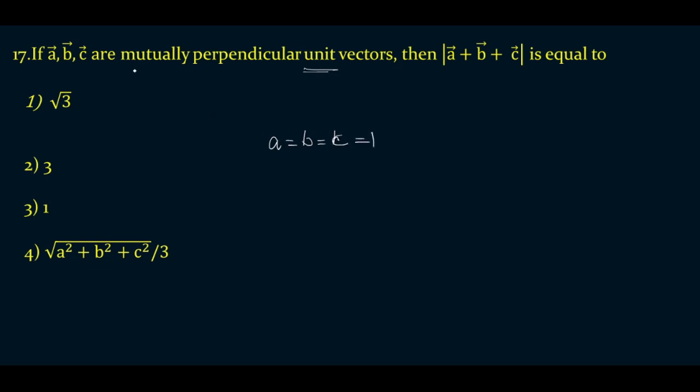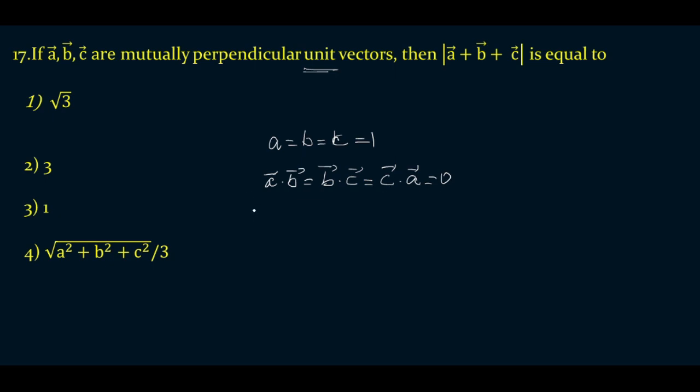Clear? And these three are mutually perpendicular vectors, which means vector A dot B is equal to vector B dot C is equal to vector C dot A. This value is always equal to 0. Vector A dot B is 0, vector B dot C is 0, vector C dot A is equal to 0.